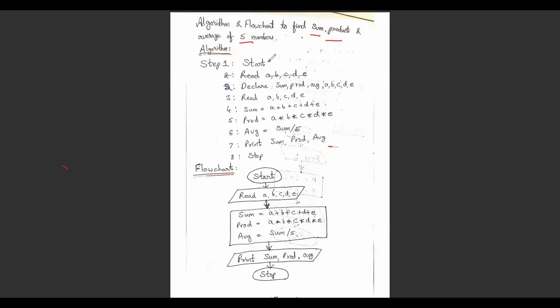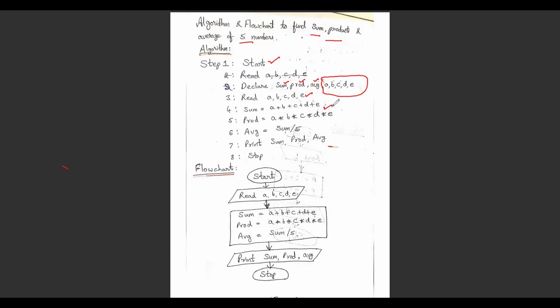So first, the algorithm, a step-by-step procedure of solving a problem: start. Then you have to declare variables for the sum, the product and the average, and five variables for the five numbers, where each number is stored in a variable. Afterwards you're going to read those five variables.